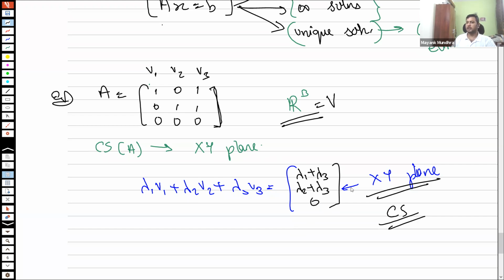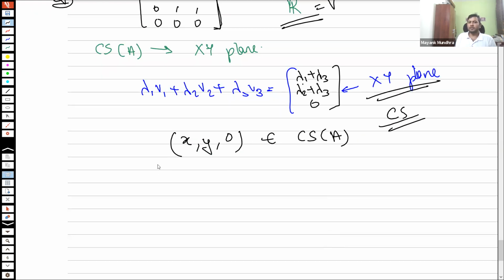This is still the entire XY plane. You can generate the entire XY plane. Suppose I want to prove that any point x comma y comma 0 lies in the column space of A.